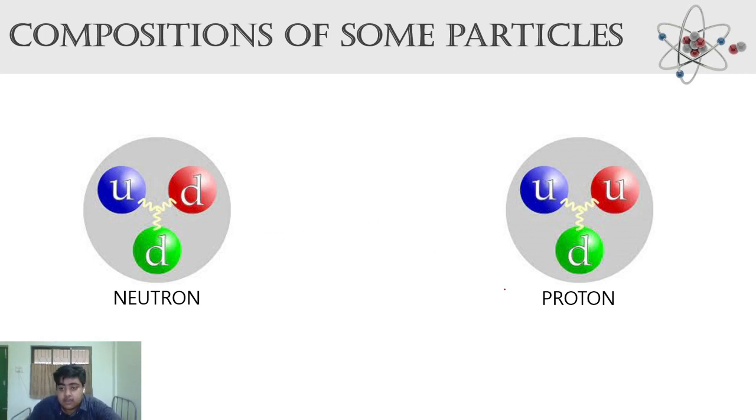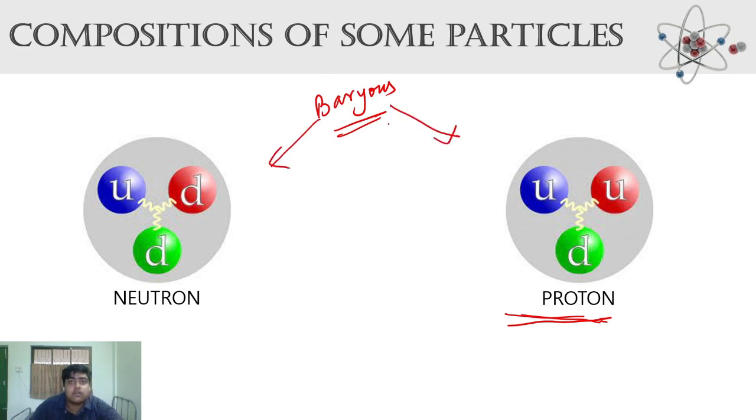I hope you can see the screen. This is a proton, and it comprises of 3 quarks, which means it's a baryon. The neutron on the left side also comprises of 3 quarks, which means it's a baryon too. So this is a baryon and this is also a baryon.